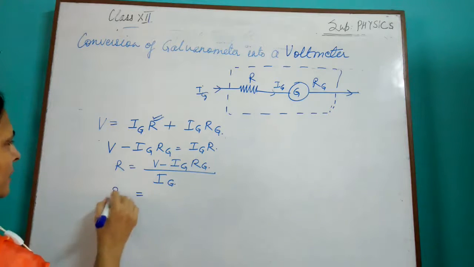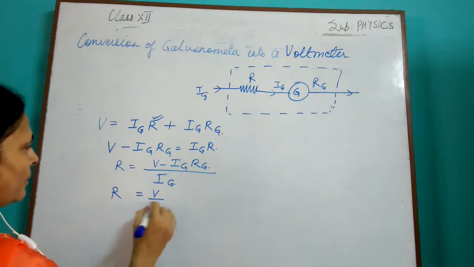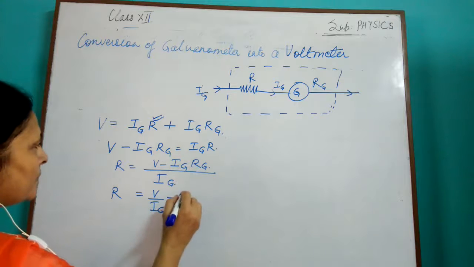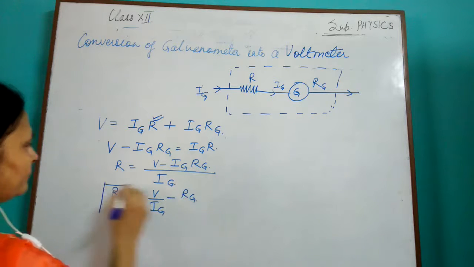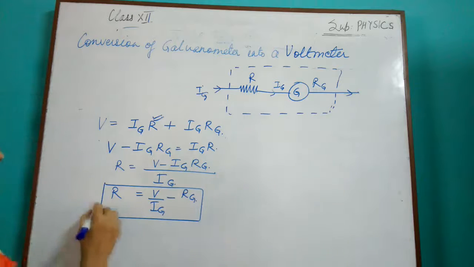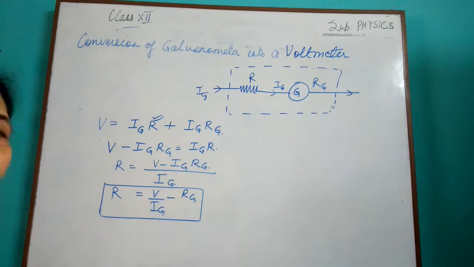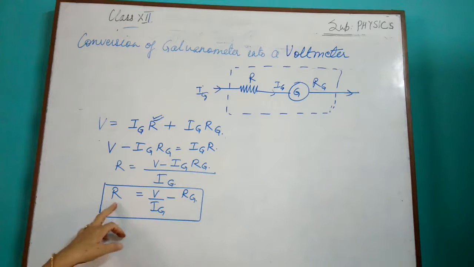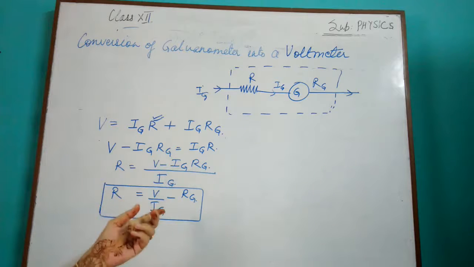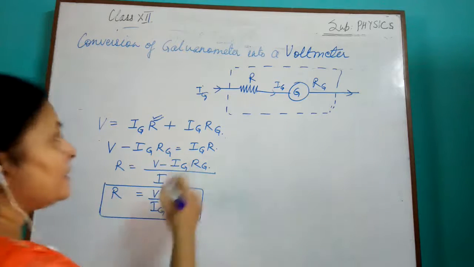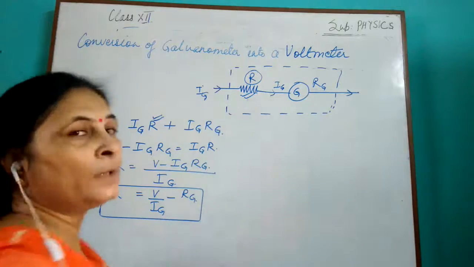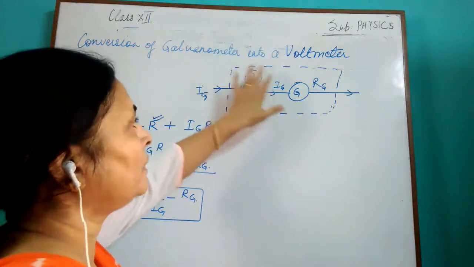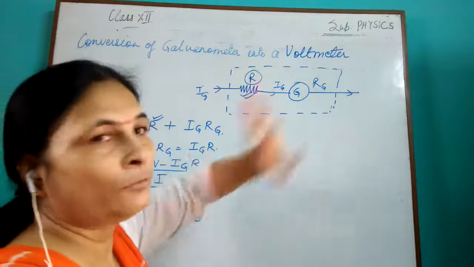This can further be written as V upon Ig minus Rg. So in this way you can find out the resistance which is to be connected in series with the galvanometer to convert a galvanometer into a voltmeter.